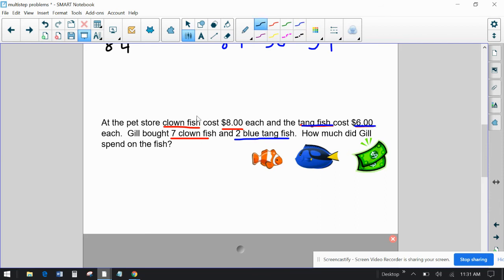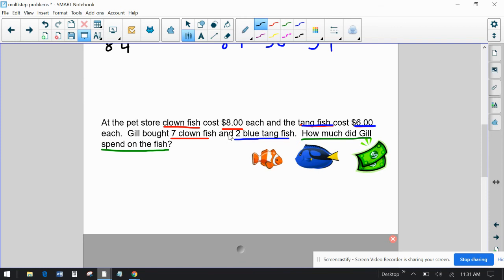So we have kind of 2 separate problems here. We have to find out how much Gil spent on the clownfish. And then we also have to find out how much Gil spent on the blue tangfish. And then find the sum of both of those, because we have to ultimately figure out what Gil spent in all.